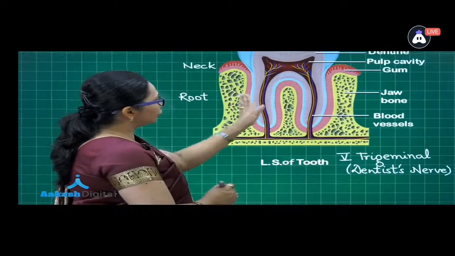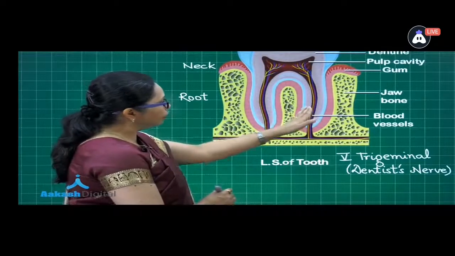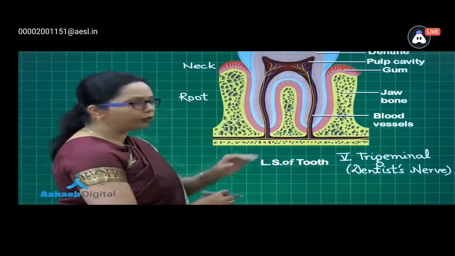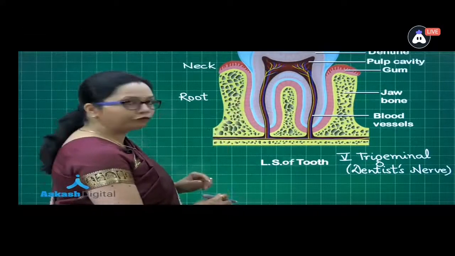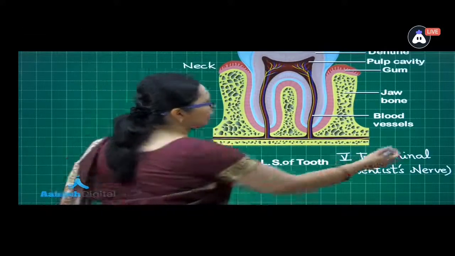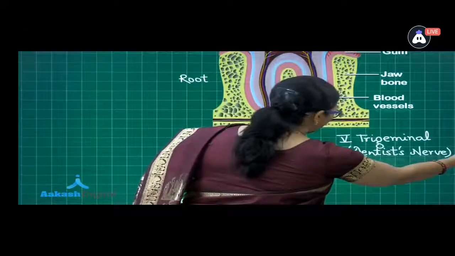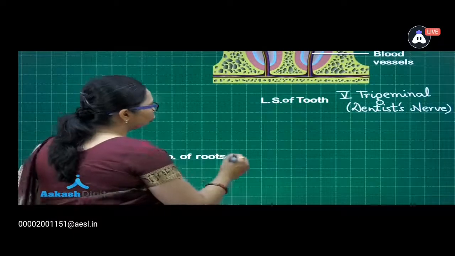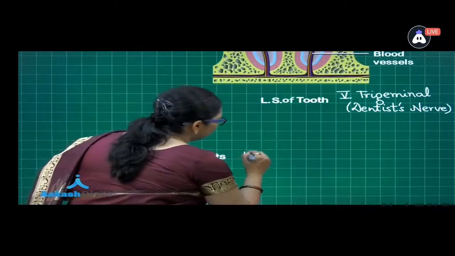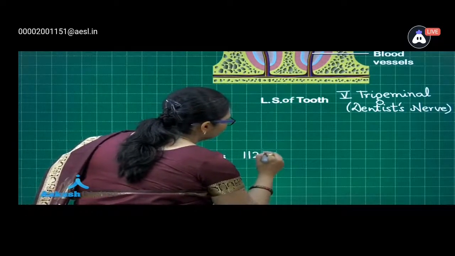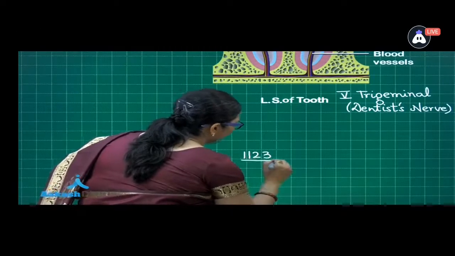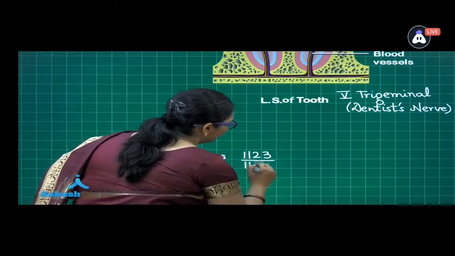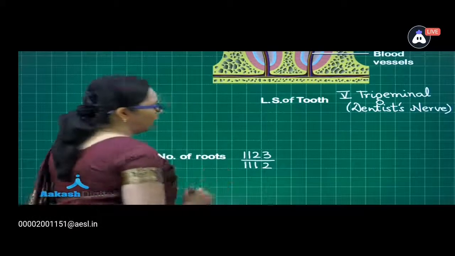Now in this structure we are able to see that there are 2 roots, but all teeth do not have 2 roots. The number of roots is different, so that too we can learn by a formula. The number of roots we can learn in this manner: 1, 1, 2, 3 by 1, 1, 1, 2.